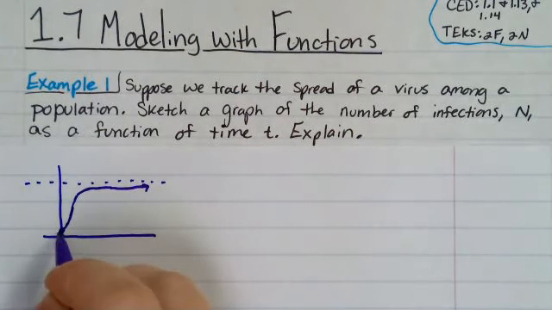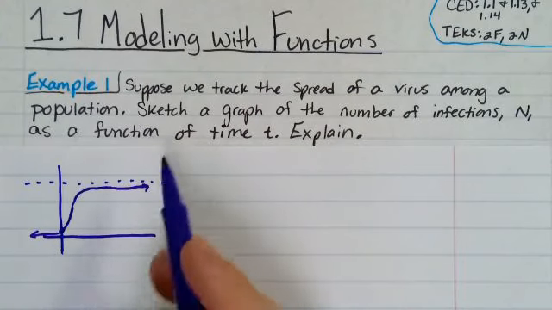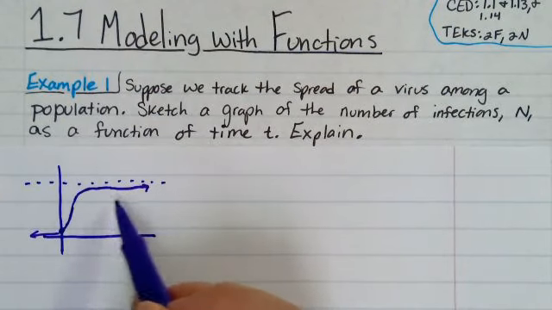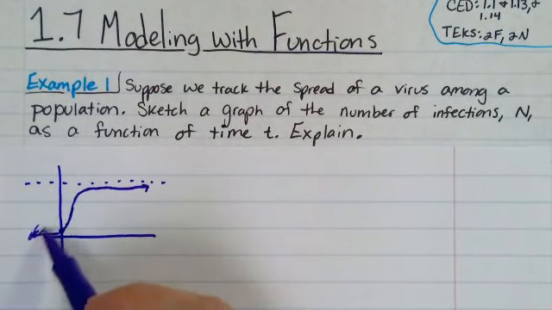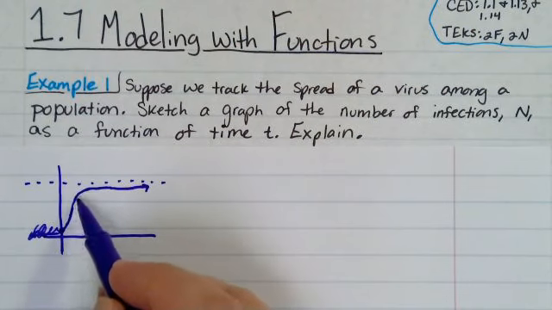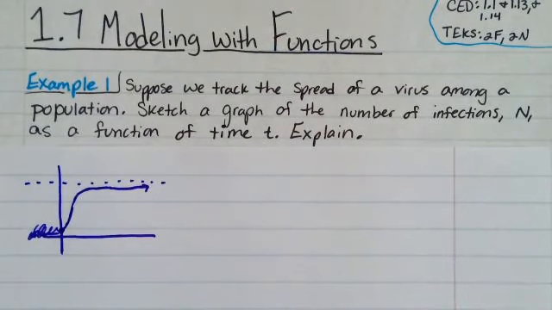Now, if we looked at a full graph of what this would look like, this would be more along the lines of what we call our logistic function. Again, this is not necessarily 100% accurate. This is just an eyeball of what's actually going on. And this side of the graph is not really that important because we're not looking at negative time. But the type of graph that starts off this way, starts off concave up and then flips and becomes concave down in this manner and then approaches that cap but never actually hits it, that's the type of function that's modeled with a logistic function.